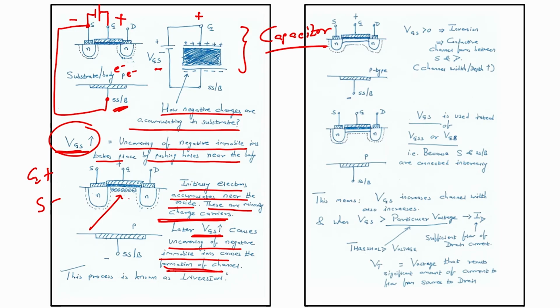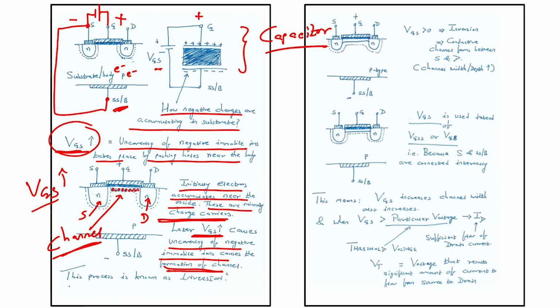If I keep on increasing VGS, then a lot of electrons would be accumulated here, and then it will form a channel between my source and my drain. There will be formation of what we call the channel. When I keep on increasing the gate to source voltage VGS, okay, easy, right.